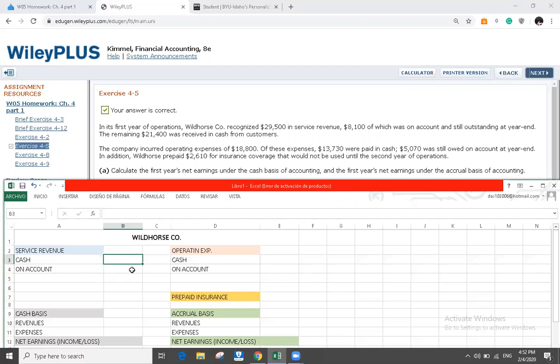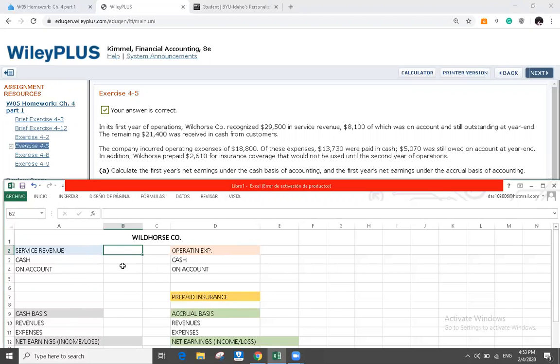So I have opened up Excel so that we can start writing down some values. We have service revenue, operating expenses, prepaid insurance, and then we're going to calculate right here the net earnings.